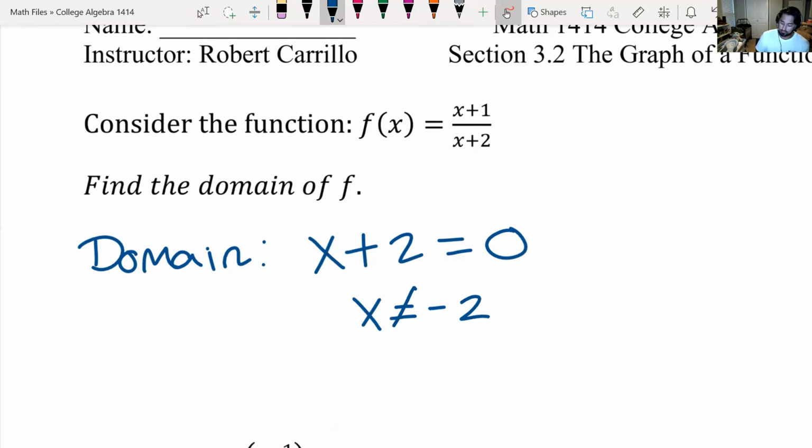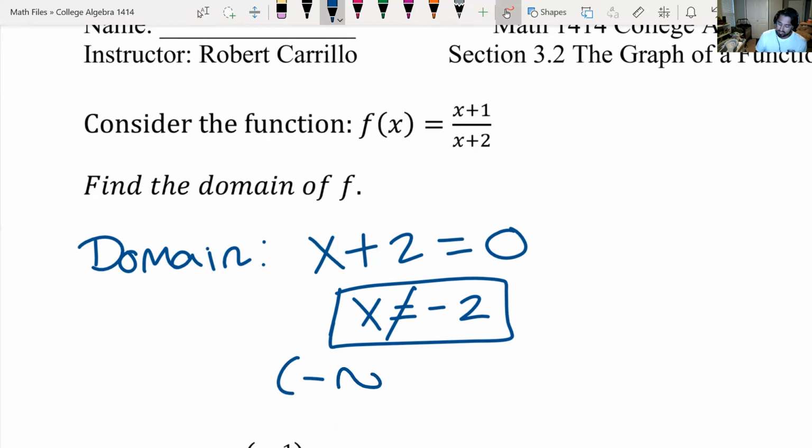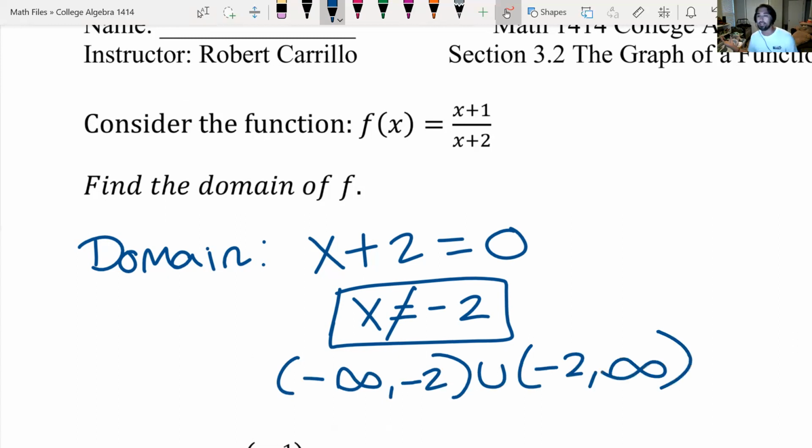But if x is -2, the denominator becomes 0, and we don't want that. All right, and then in interval notation, you have -infinity to -2, union -2 to infinity. All right, perfect.